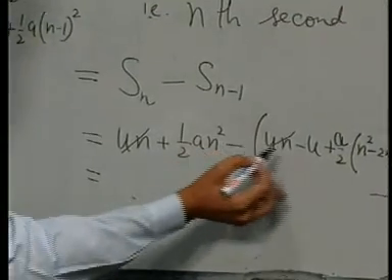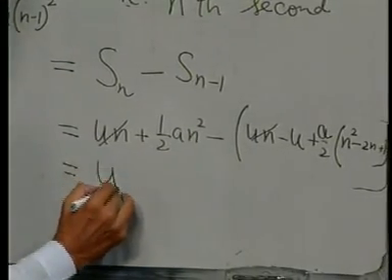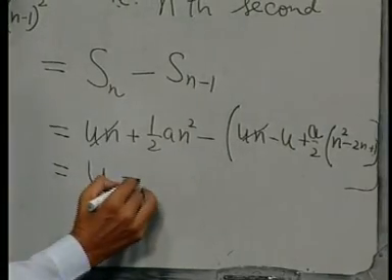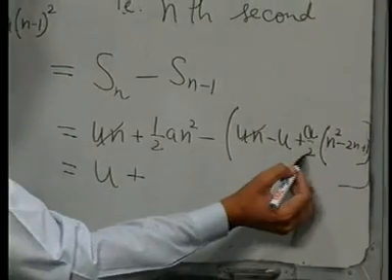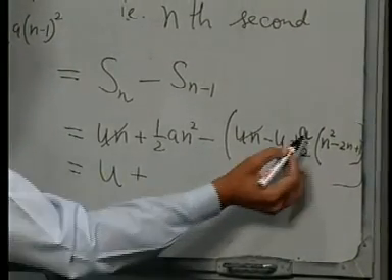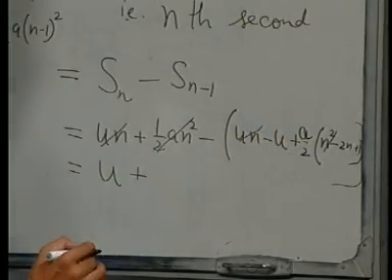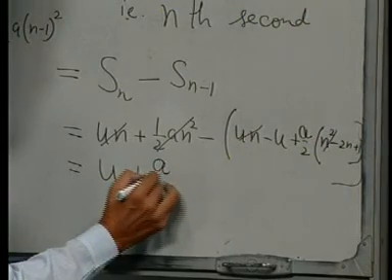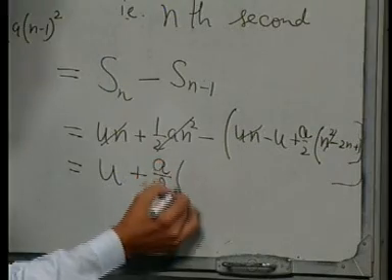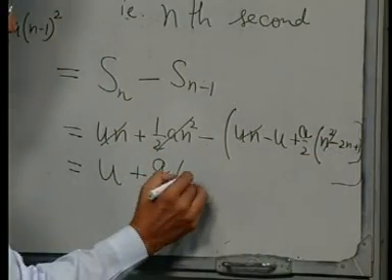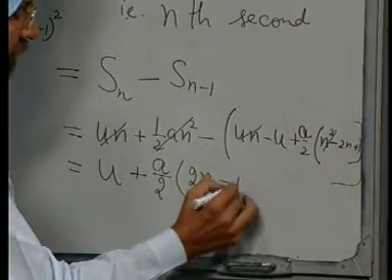So, with minus and minus, we have u, and plus half a n square and minus half a n square, so these two get cancelled. What we are left with is a by 2 into 2n minus 1, as the minus sign times minus 2n gives plus 2n, and minus times plus 1 gives minus 1.